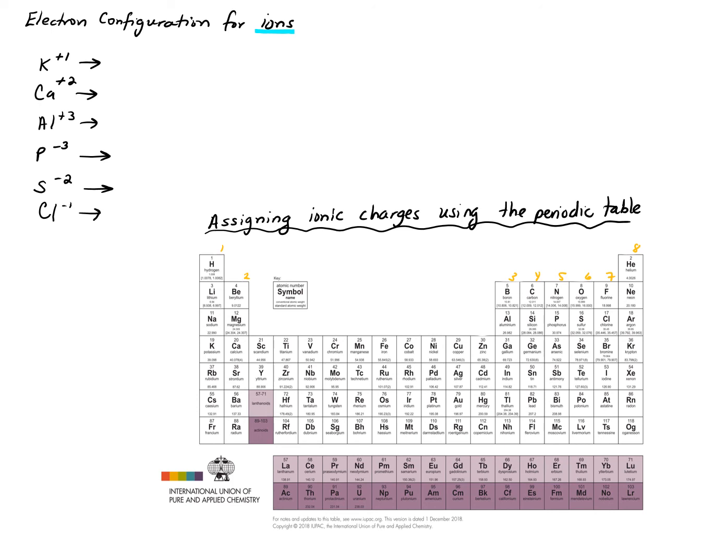The ion of potassium with a charge of +1 is losing 1 electron. So instead of 19, it will have 18 electrons, and you write the electron configuration for 18 electrons instead of 19.